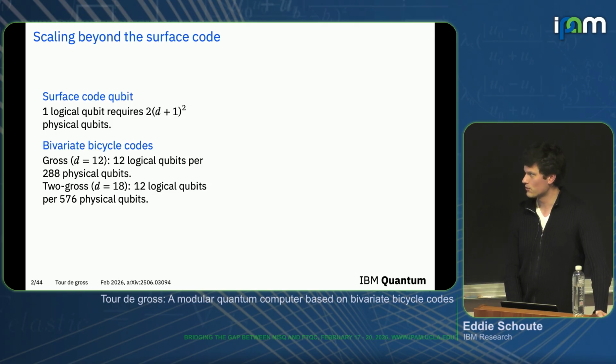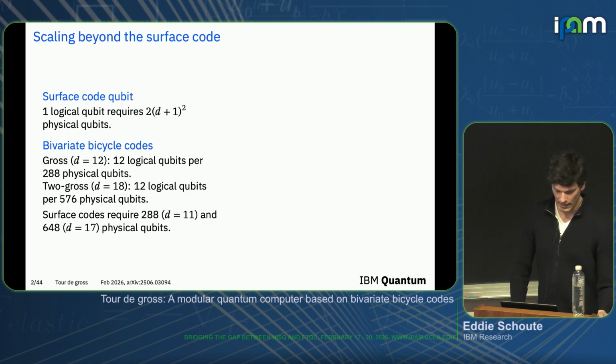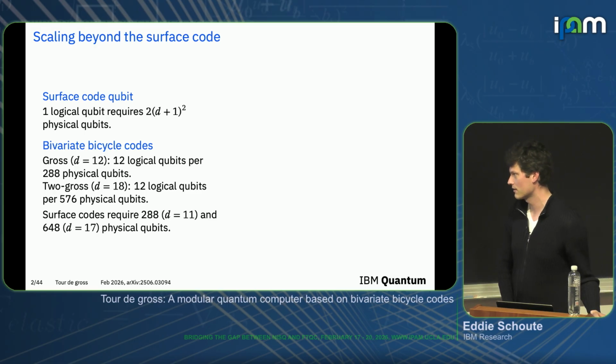And the so-called 2 Gross code has a distance of 18, and it encodes 12 logical qubits for a cost of 576 physical qubits. If we compare that to the surface code, with comparable code distances of 11 and 17, then we need 288 or 648 physical qubits to encode just 1 logical qubit each.